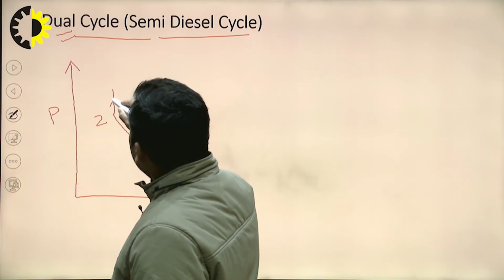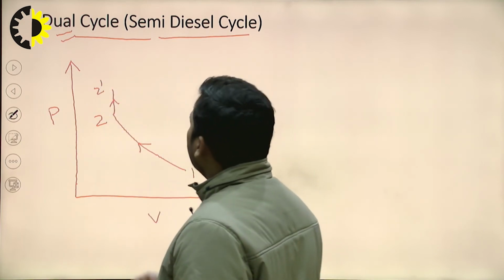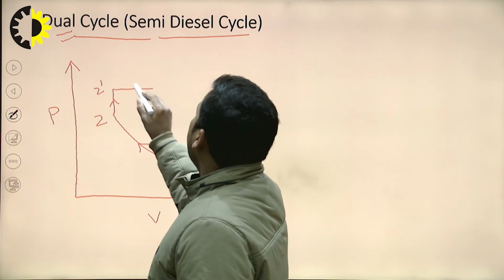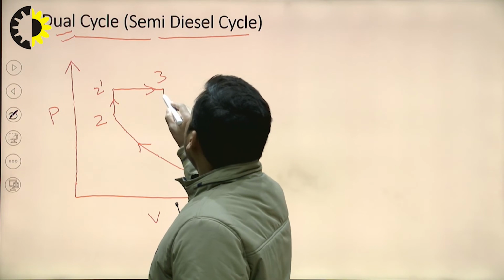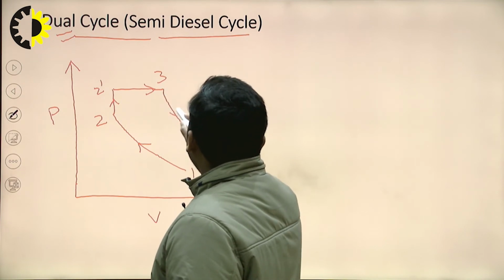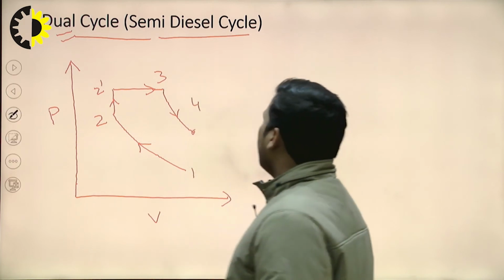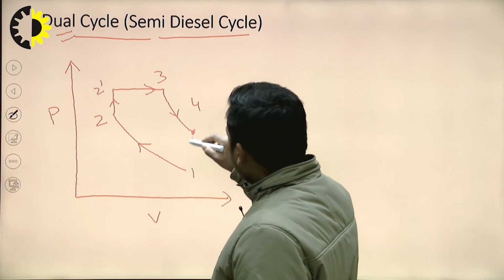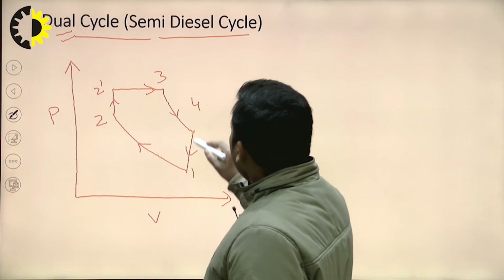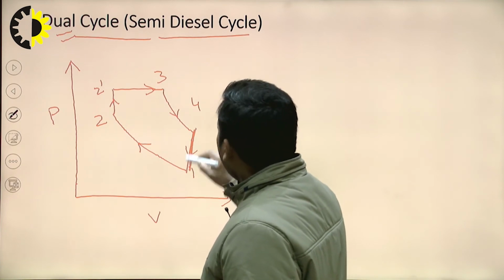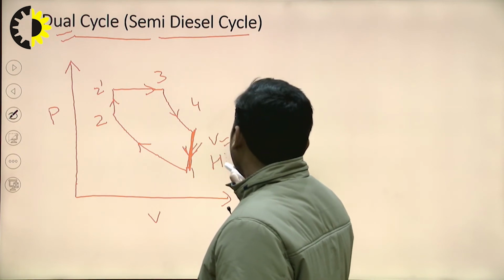Process 2 to 2 dash is constant volume heat addition, and process 2 dash to 3 is constant pressure heat addition, and process 3 to 4 is isentropic expansion process, and process 4 to 1 is constant volume heat rejection process.